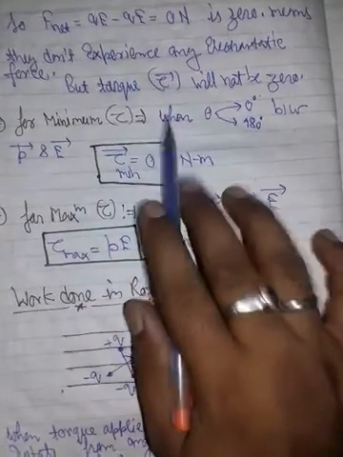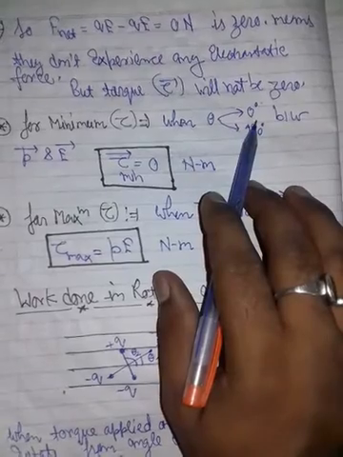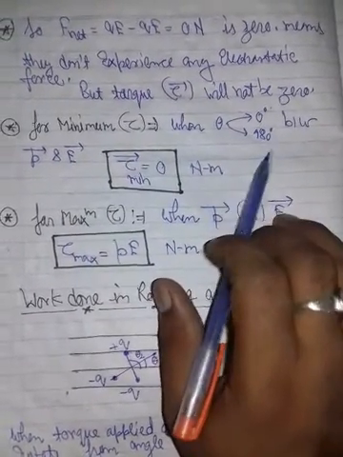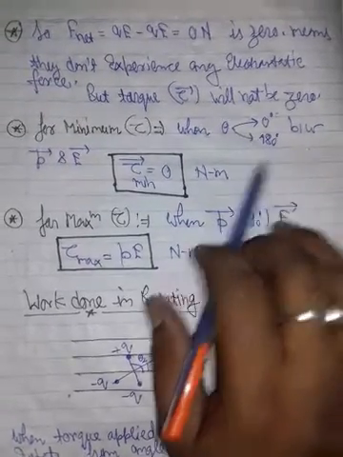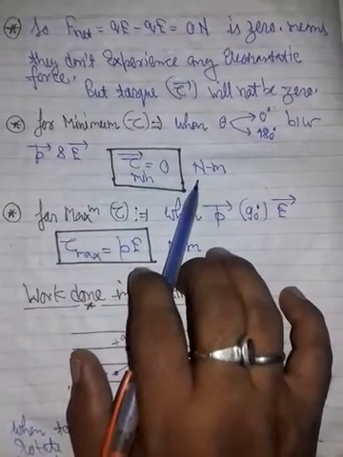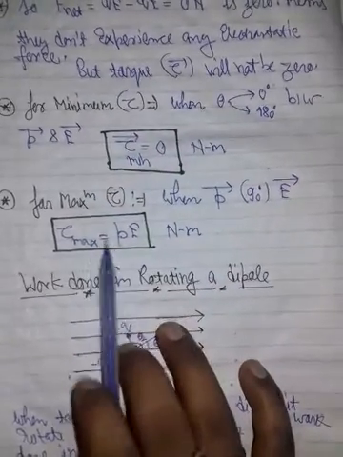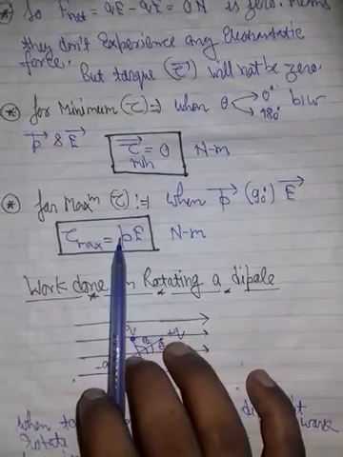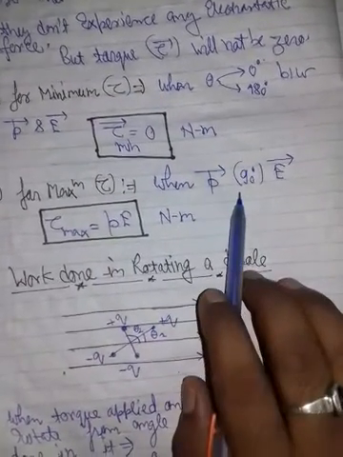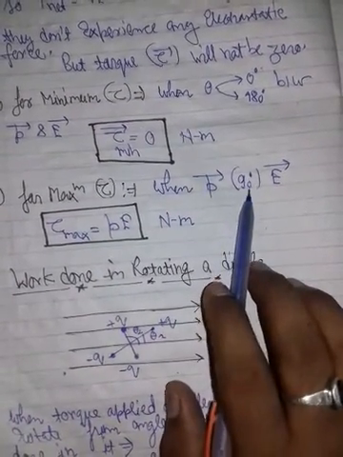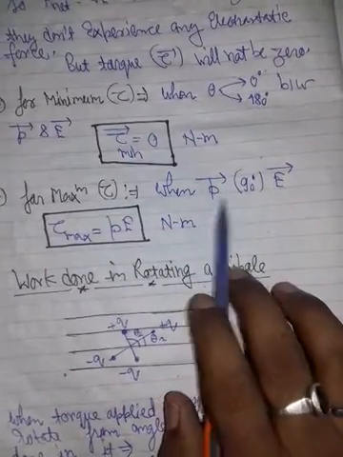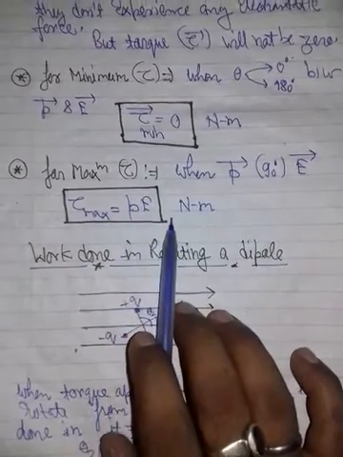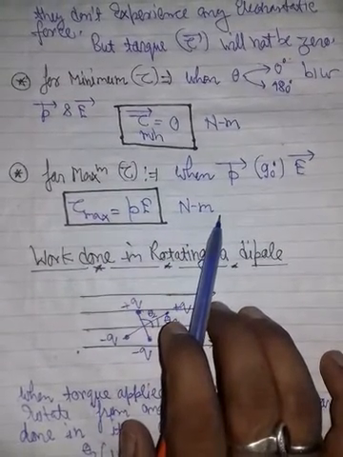When the angle between the electric dipole and the electric field vector is 0 or 180, it experiences minimum torque, that is 0 Newton meter. And the maximum torque is experienced by the electric dipole when the angle between the electric dipole and the electric field vector is 90 degrees, that is equal to PE, with Newton meter as the unit.